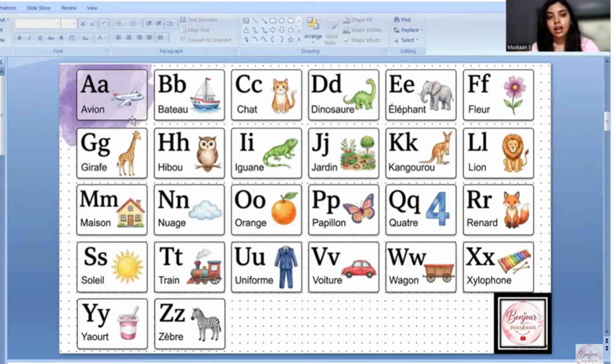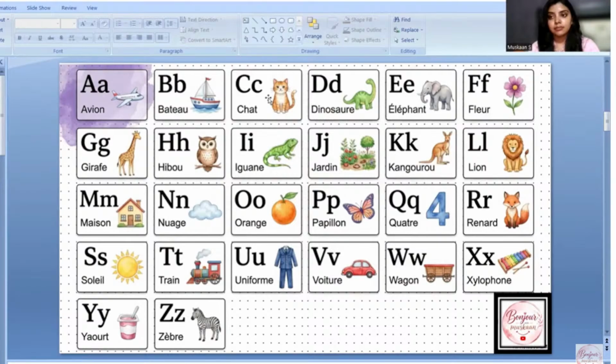First one is A. A for avion. Avion, you can guess what avion is: aeroplane. B for bateau. Bateau is, you can see from the photo, boat or ship.